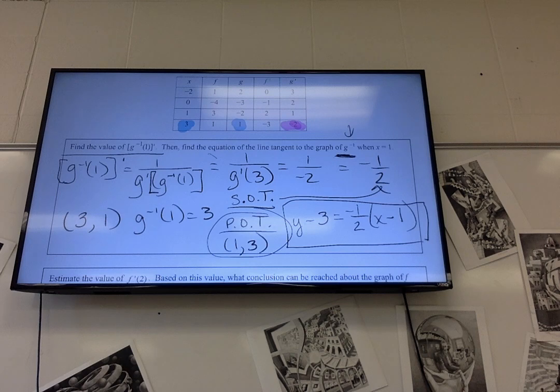So our x and our y have been flip-flopped. This is g of x. This is the point for g inverse of x, not g prime of x.